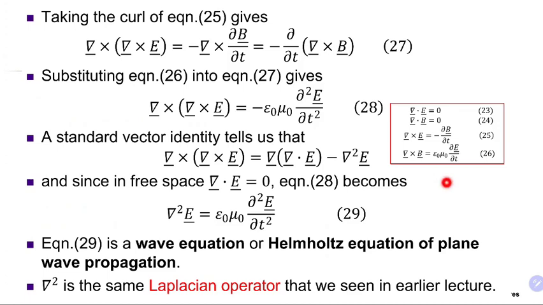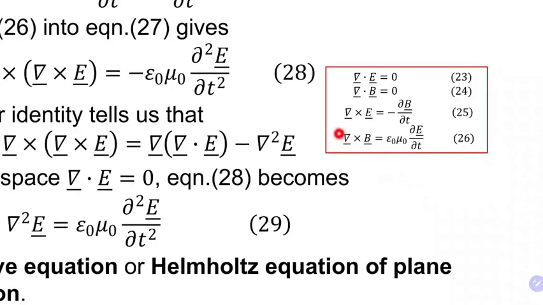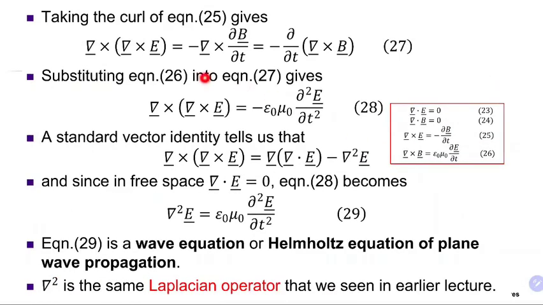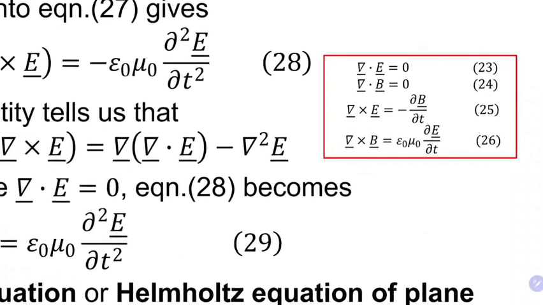So our equation 25, which I have here. If we take the curl on both sides of this, we end up with this equation here. So the curl of the electric field is equal to minus the time derivative of the curl of the magnetic flux density. And then we can substitute equation 26, which is this equation here, the curl of the magnetic flux density is equal to mu naught epsilon naught times the time derivative of the electric field.